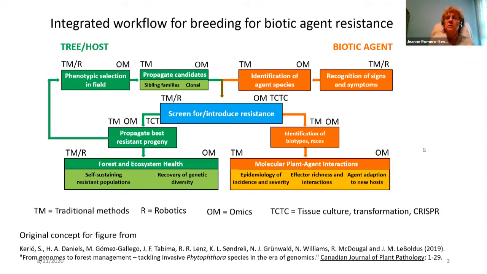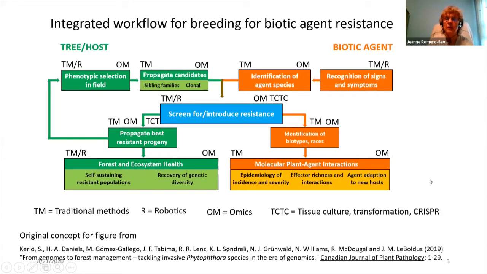Okay. So over here in the orange, this is when the focus is on the agent. You don't start a process like this unless you recognize, oh, there is a biotic agent that's causing damage and death. So we usually focus on this end of the process first.